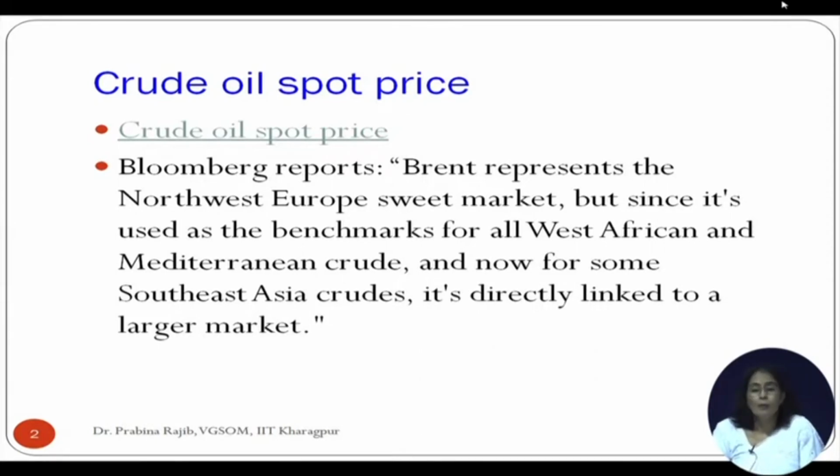So more participants, buyers and sellers, are in the business of buying and selling crude which is pegged to Brent crude. This is the reason why Brent crude prices are ruling a little higher than WTI crude.